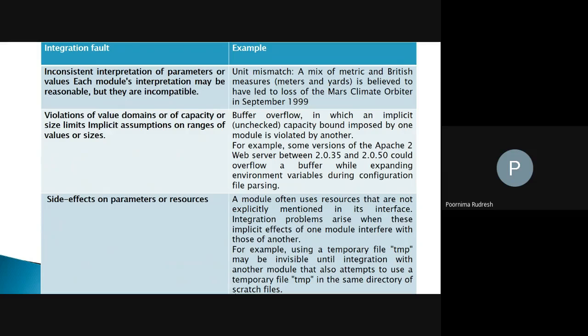So when you are writing programs using temp, and it is accessed by two or more procedures or programs, then the problem arises. But before that, it is not visible to the user or to the programmer. So this is one type of integration fault, that is, side effects on parameters or resources.